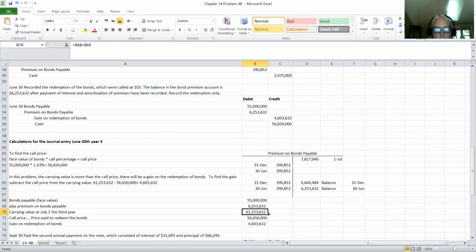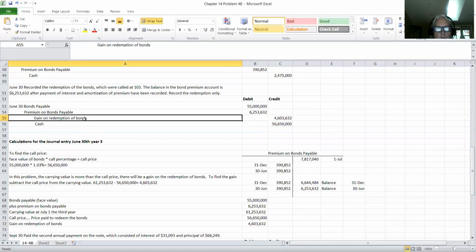The carrying value is more on our books than what we paid to recall the bonds. So the difference between these is what we call a gain on the redemption of bonds. Gains are credited to increase them. They are an increase in your income or your revenue.